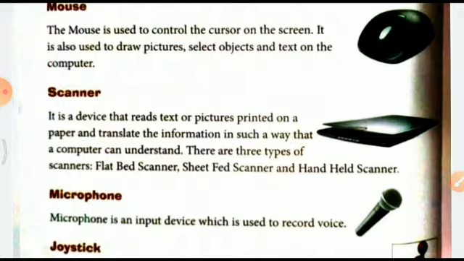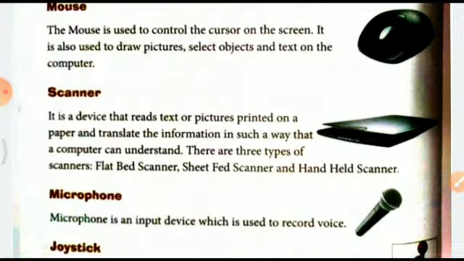Okay. Next, microphone. Microphone is an input device which is used to record voice. Now, these microphones which are used in computers are highly sensitive, because the quality of effects produced by a computer is unbelievable.